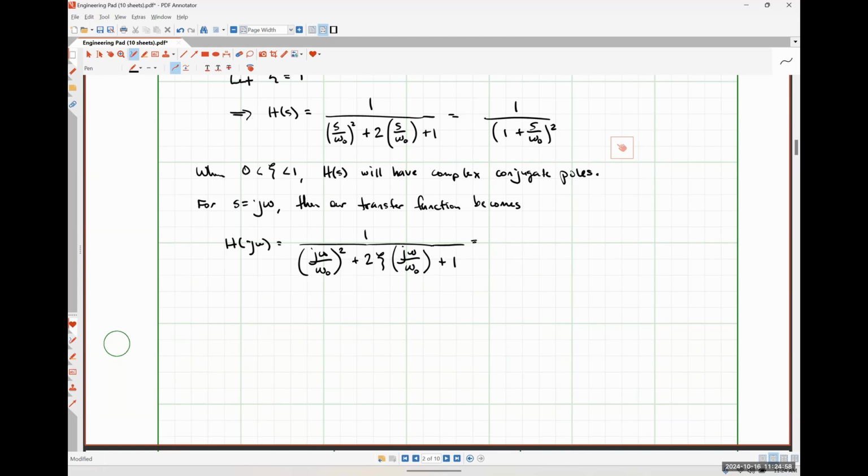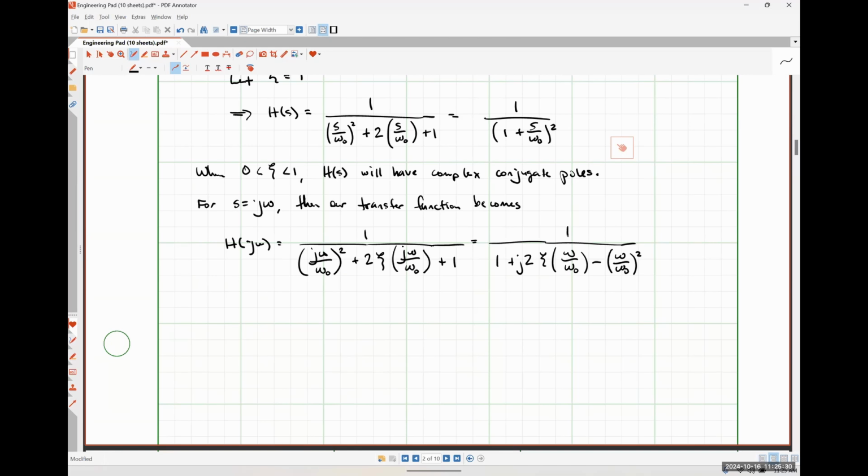So effectively we're going to have 1 plus j twice zeta omega over omega naught minus (omega over omega naught) squared.